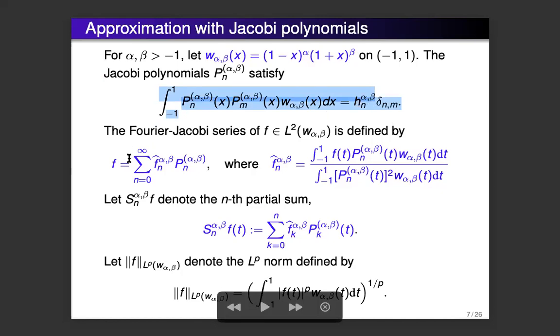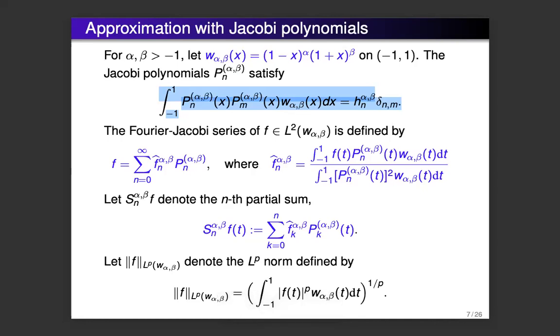The Fourier series, called the Fourier-Jacobi series, is defined in exactly the same way. You can write down the partial sum also in exactly the same way, just with the parameters alpha and beta, where 1 minus x goes with alpha and 1 plus x with beta. What we care about is the case alpha equal to beta.